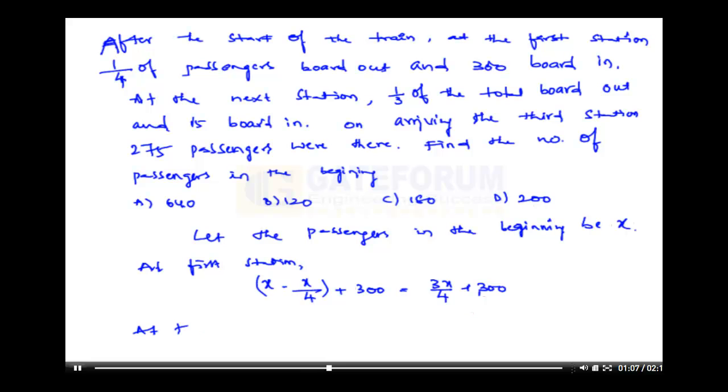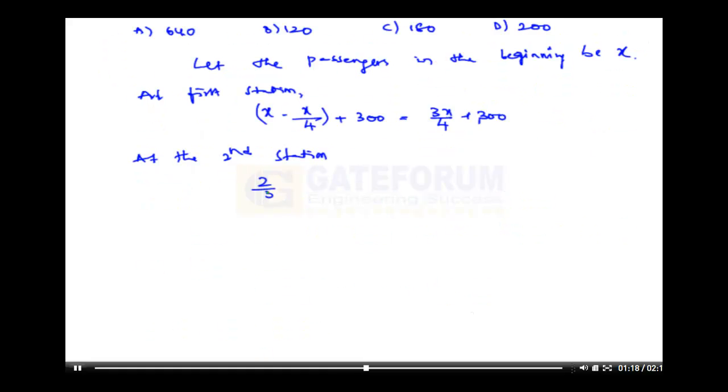Now at the second station, 1/3 of the total get out. That means 2/3 of the total are remaining. That is 2/3 of 3X by 4 plus 300, and again 15 are getting in. So this is 2 by 3 into 3X by 4, which is X by 2, plus 200 plus 15.